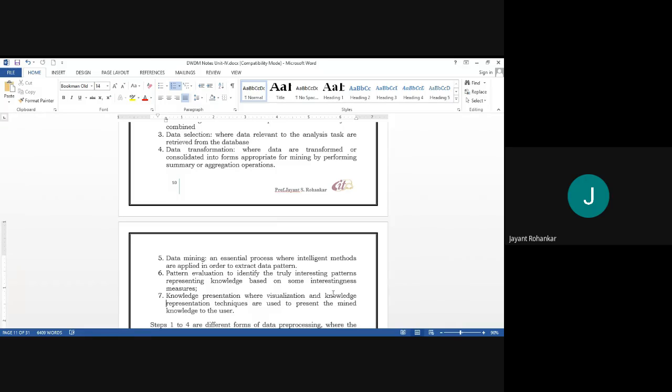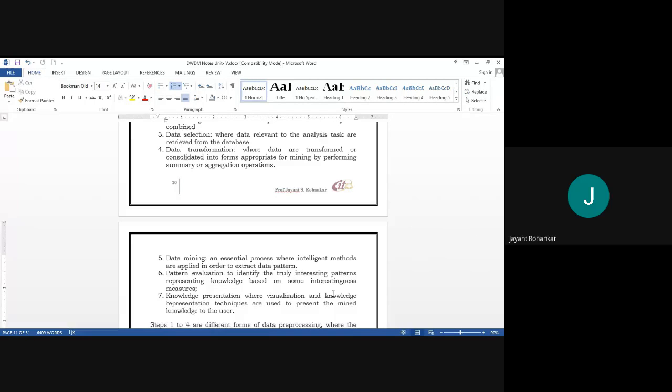Okay. Then six, pattern evaluation to identify the truly interesting patterns representing knowledge based on some interestingness measures. Then seventh, knowledge presentation where visualization or knowledge representation techniques are used to present the mined knowledge to the user.